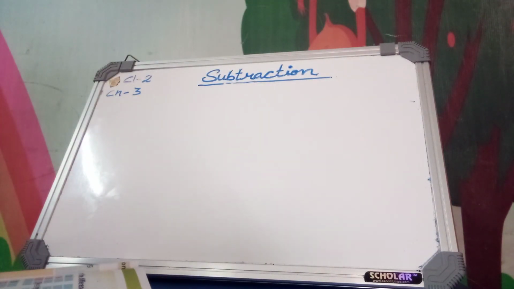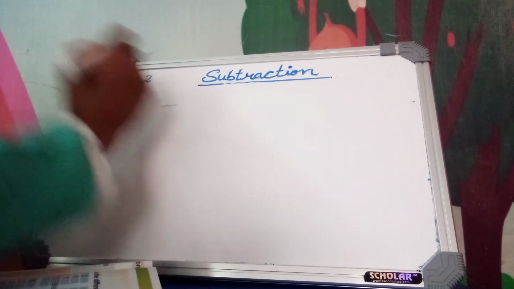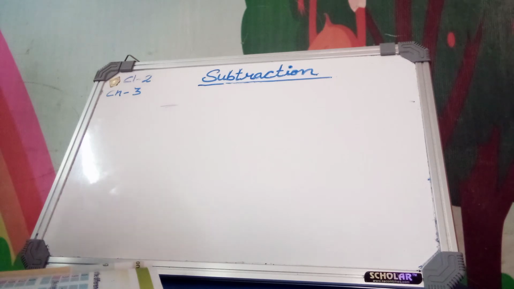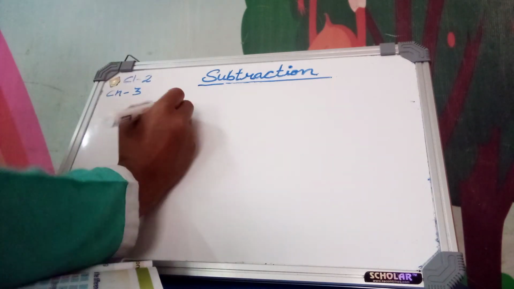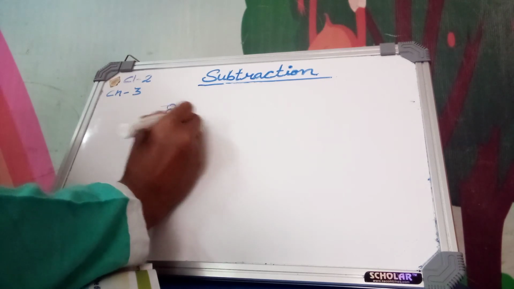Now see page number 33. The number is 89. 89 is bigger than 53. Okay.